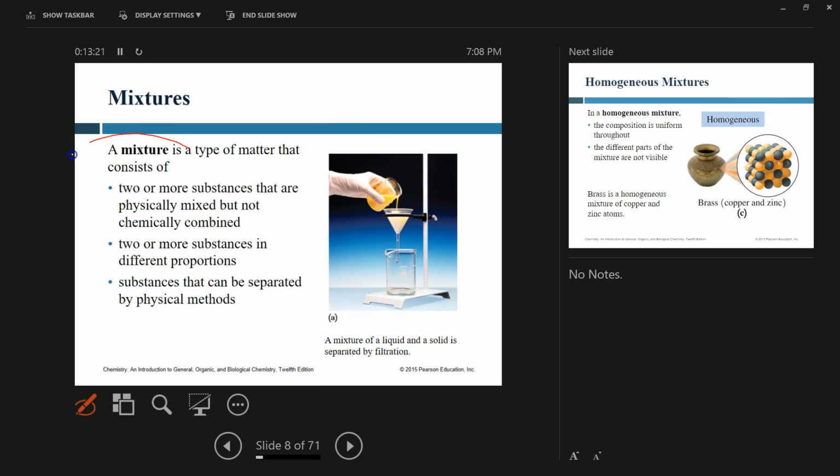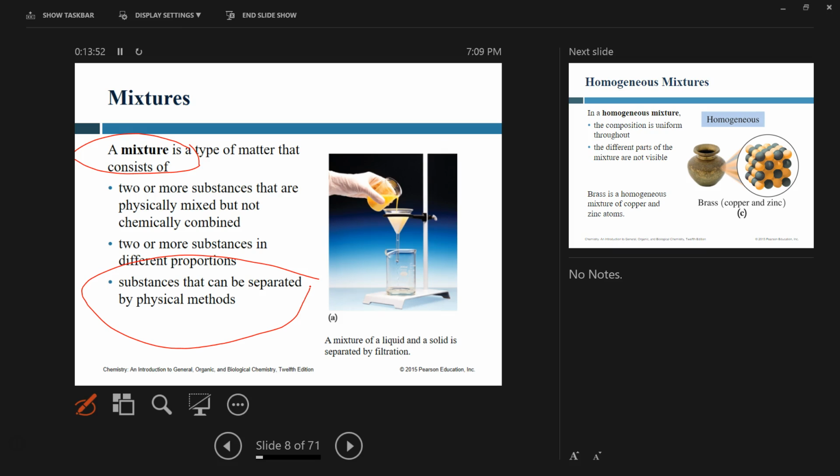Now, mixture. Substances are physically mixed together. So a water solution of sodium chloride or syrup will be a mixture. Does that make sense? And as we were talking about, the substances can be separated. If you mix water and sugar, you can separate it. It's going to be hard, but you can.